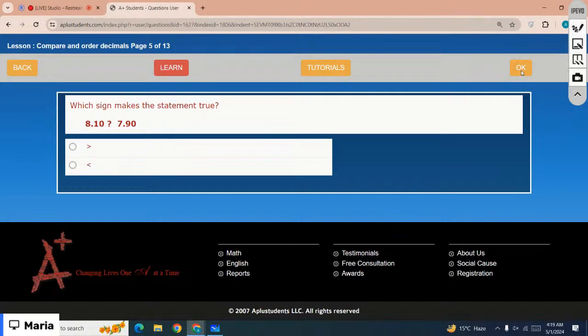Which sign makes the statement true? 8.10 and 7.90.